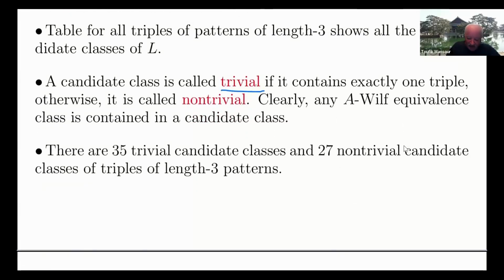Clearly, any Wilf equivalence class is contained in a candidate class, but not in the other direction. There are 35 trivial candidate classes and 27 non-trivial candidate classes of triples.